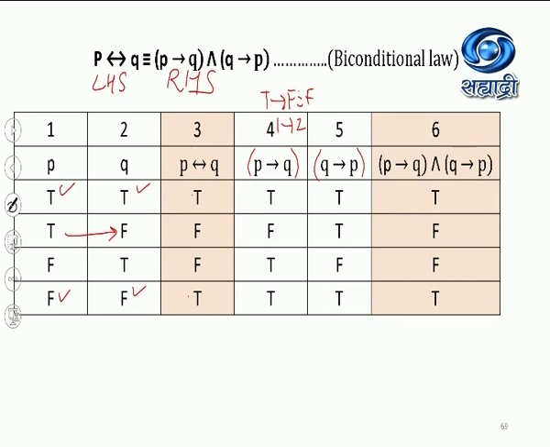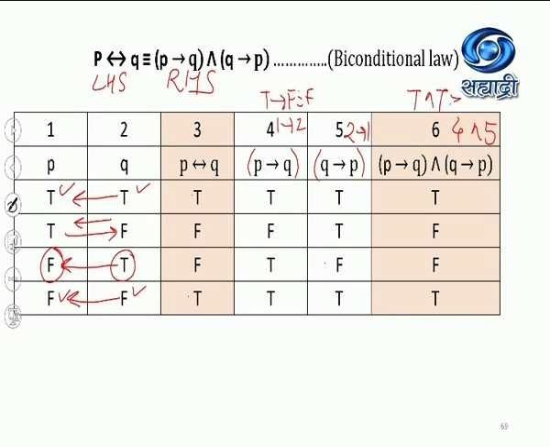Now for 5, Q implies P. So that means I have to take 2 implies 1. Now I will read the values from column 2 implies column 1. So T implies T, F implies T, T implies F, F implies F. Which combination? Yes. T implies F is F. All rest are T. And the last column is 4 and 5. And means what?